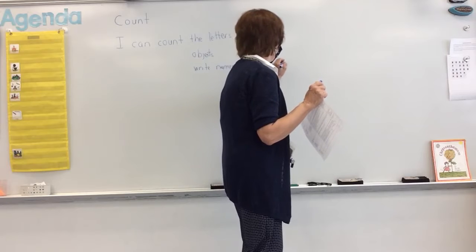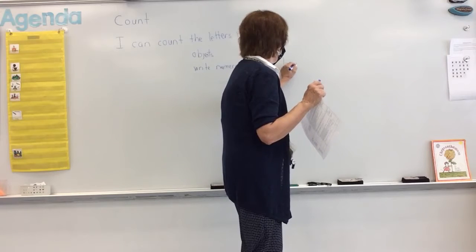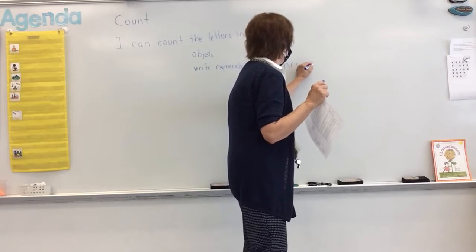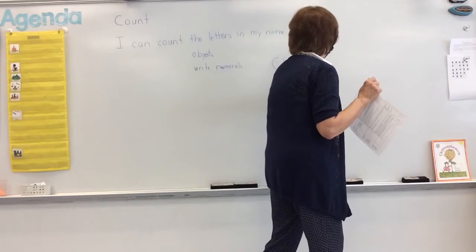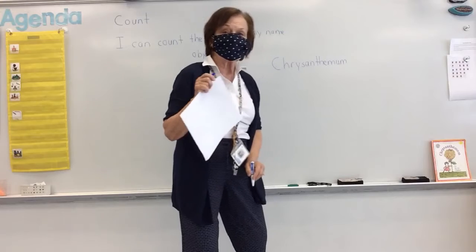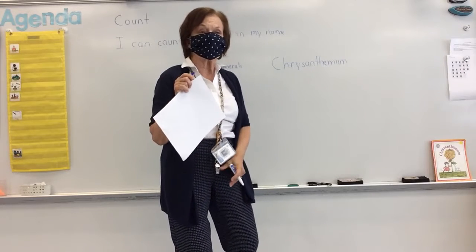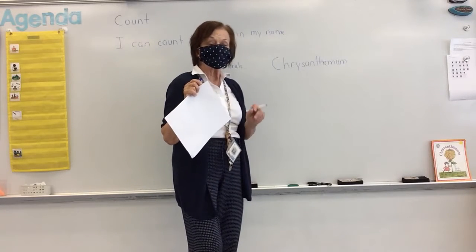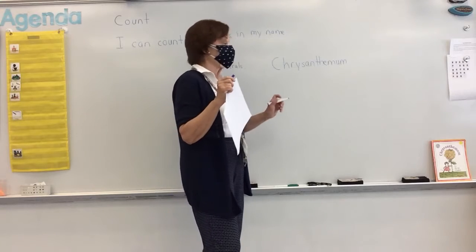So I'm going to write the name Chrysanthemum up here. And I'm going to have you count with me. This is called checking, going back and checking to see if the answer is correct, if what they told me is correct.